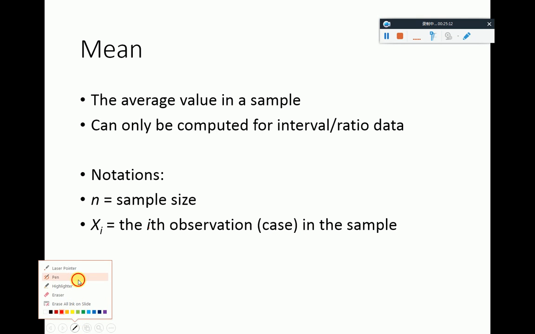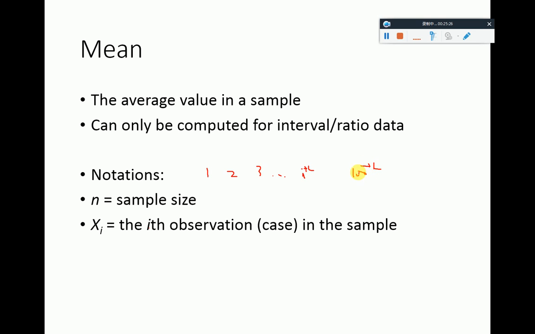It's very easy to imagine. We can have one person, the second person, the third person, the ith person, till the 100th person. So this i can indicate any value between 1 and 100, including 1 and 100. This gives us the abstract notation for a certain observation in a sample.